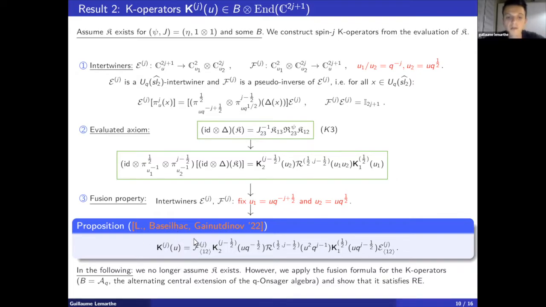So in the following slide, we will no longer assume that K exists, and we will construct some fused K operators simply using these intertwiners F and E here. And we'll consider the case for B equal Aq, the alternating central extension of the q-Onsager algebra.